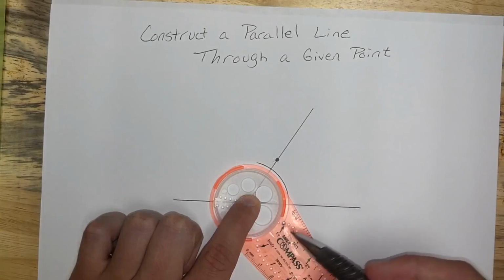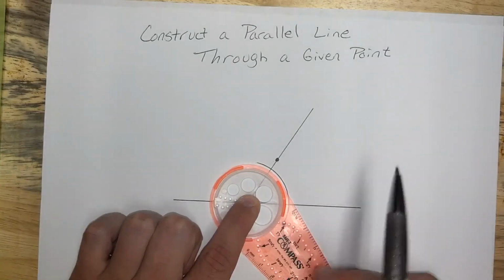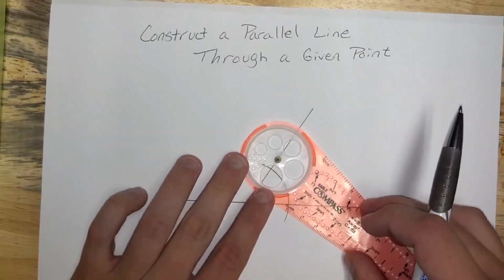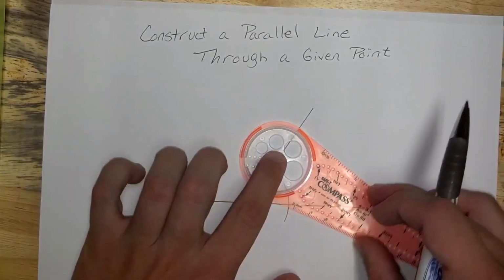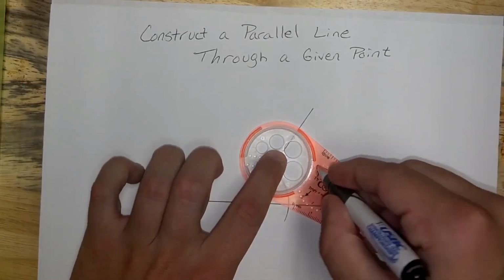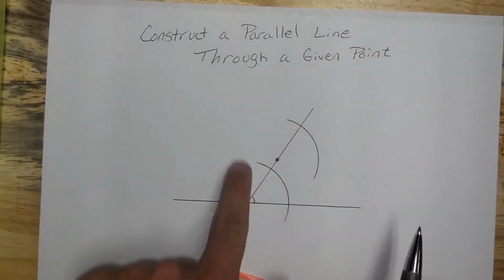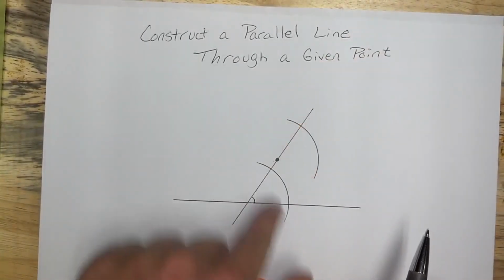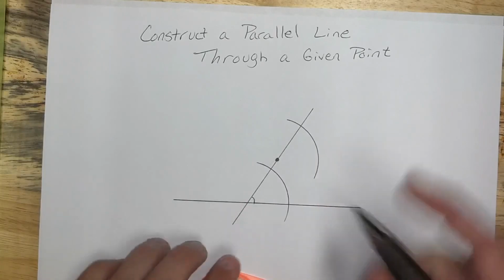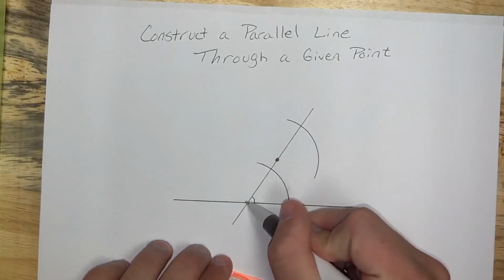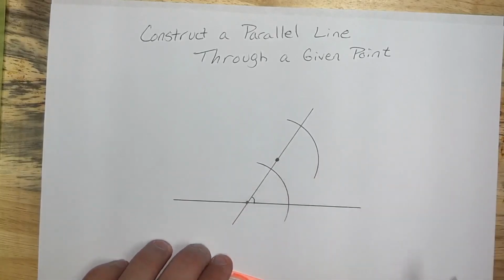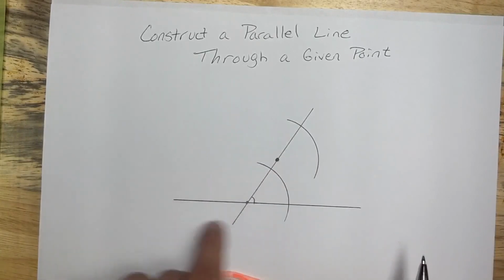Use that same hole. For me, first hole right here by the nice bold arrow. Again, same hole, make an arc. So all that we've done so far is we've made two arcs where this point up here and this point down here were the two vertices basically of my angles.